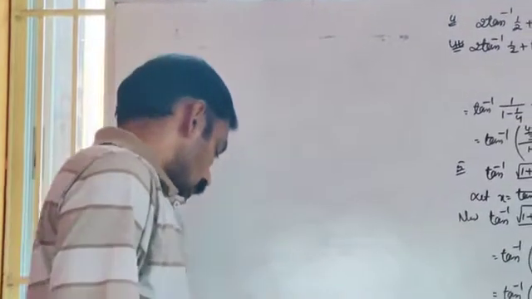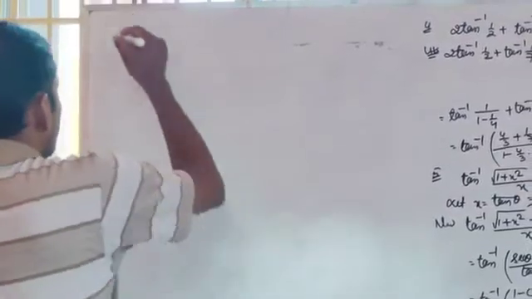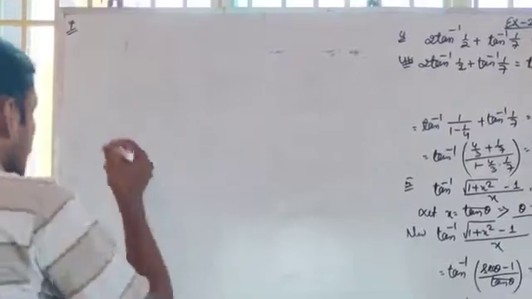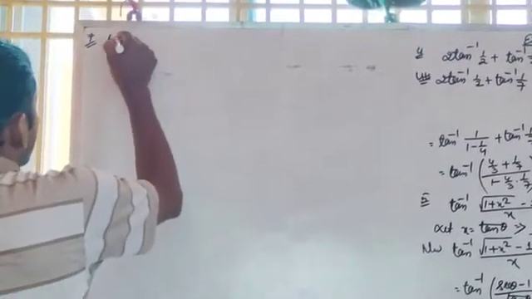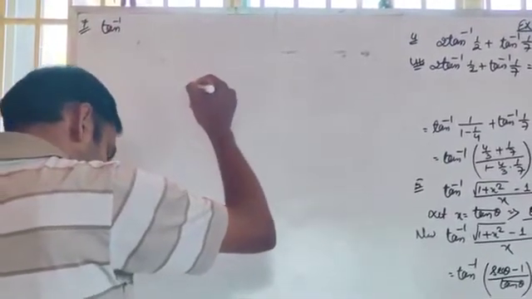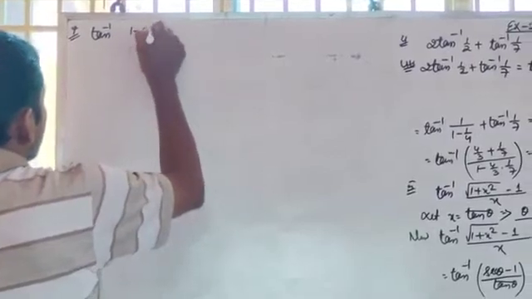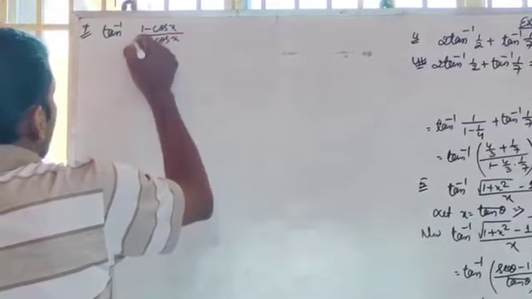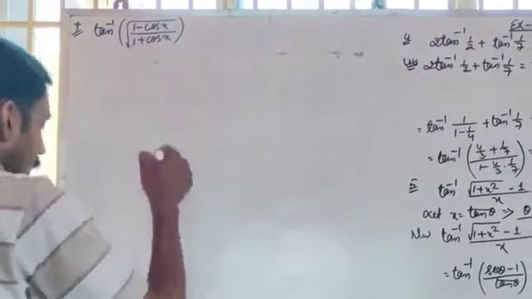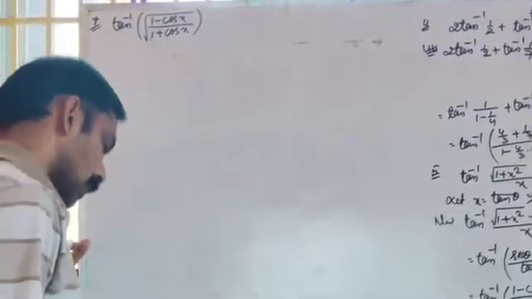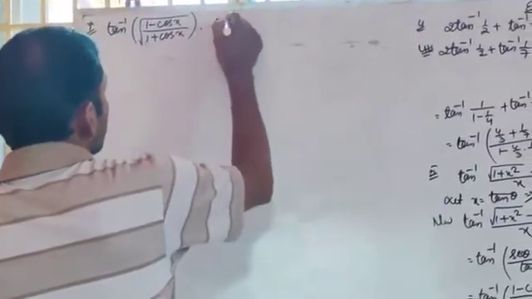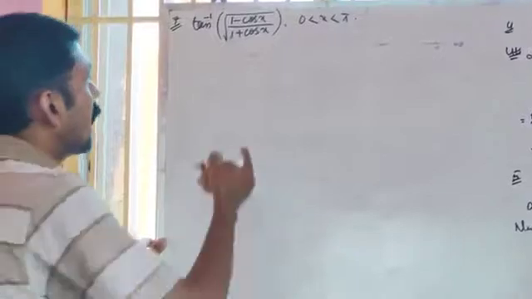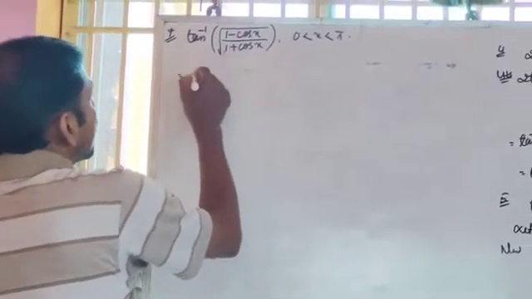Now question number 7. It is also to write it in simplest form. It is tan inverse of square root of (1 minus cos x) by (1 plus cos x). Here 0 is less than x is less than pi. Now here directly you can use the formula.